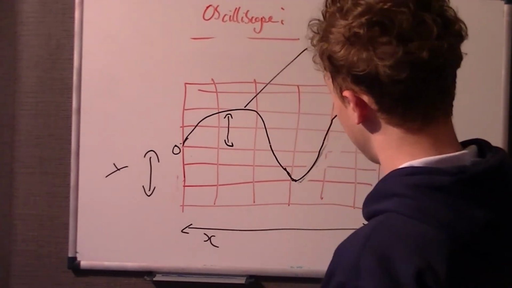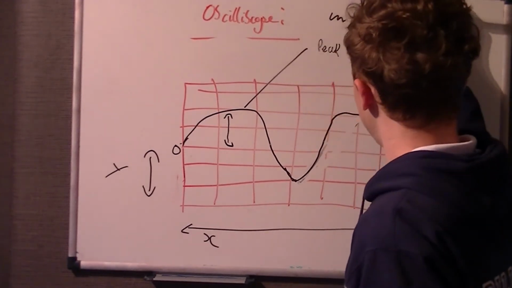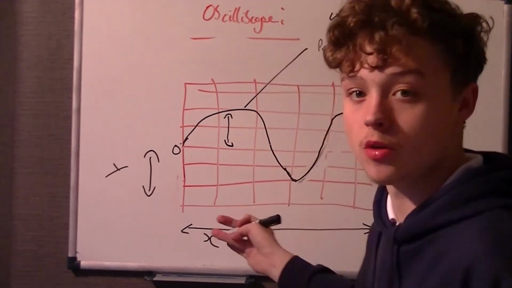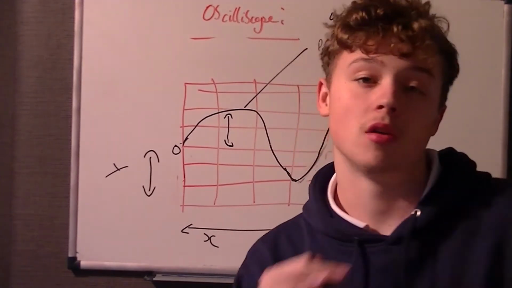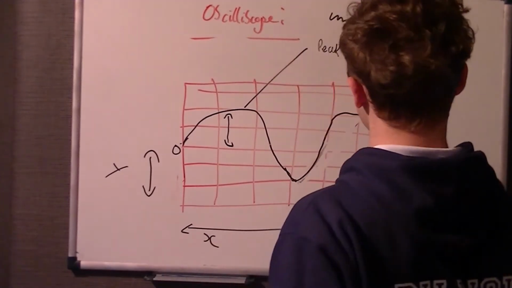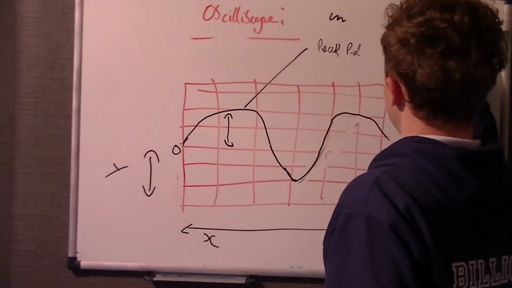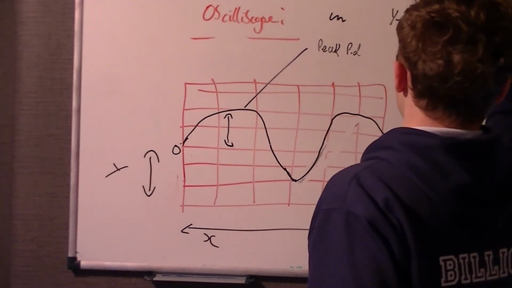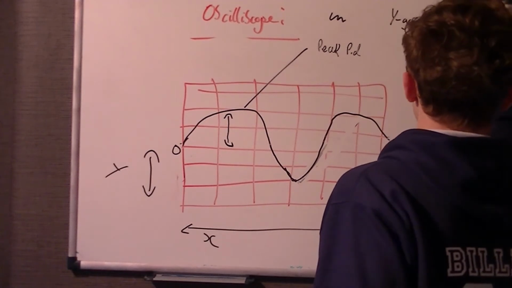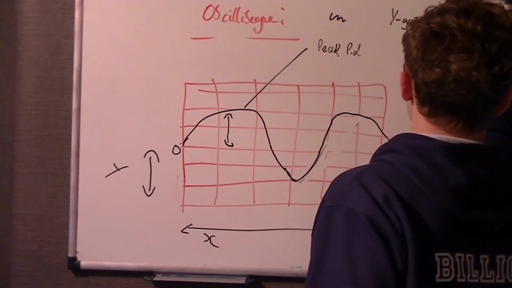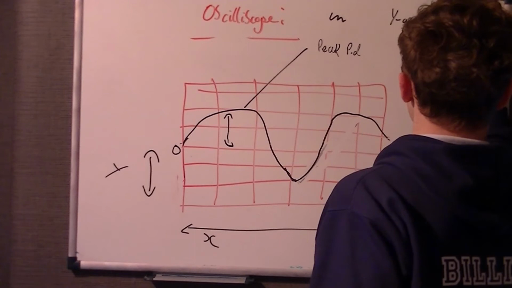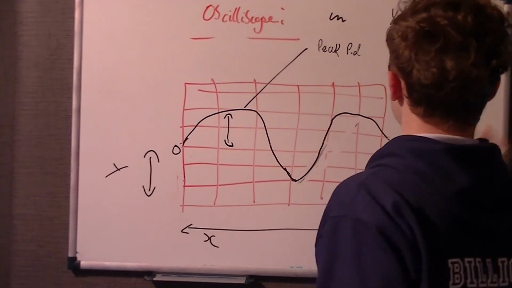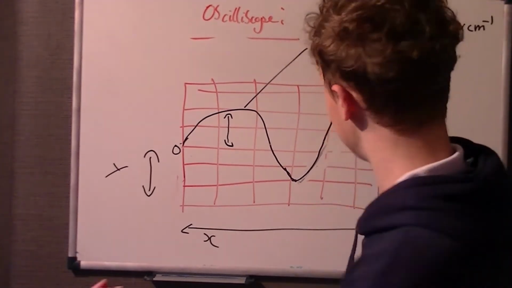So say for a Y gain, now Y gain is basically for each one we go up how many volts or potential difference. And say it's, I don't know, 5 volts per centimetre. 5 volts cm minus 1 just means 5 volts per centimetre.